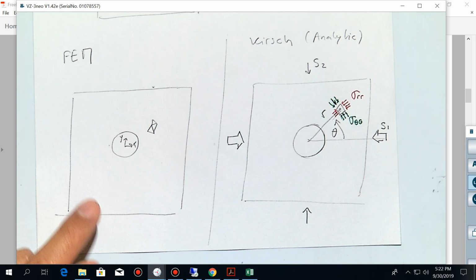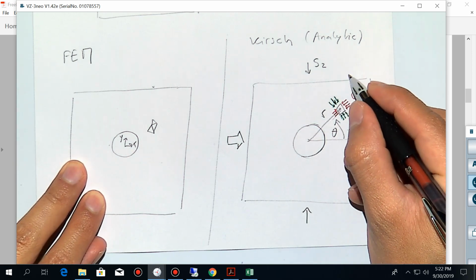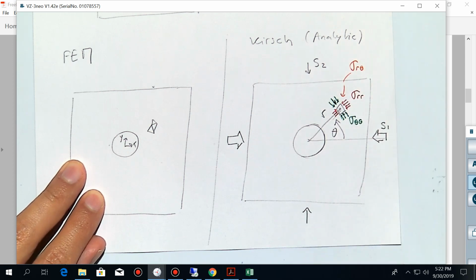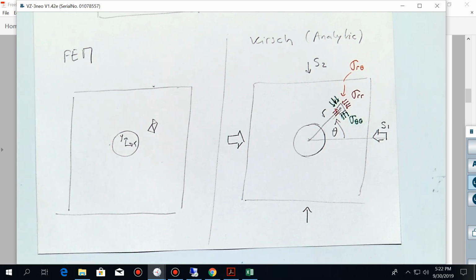And there is one thing missing, which is what? The sigma r theta. I'm not going to write it here because it's going to be a mess, but here also we're going to have a shear stress, which is sigma r theta. But these are not Cartesian stresses.